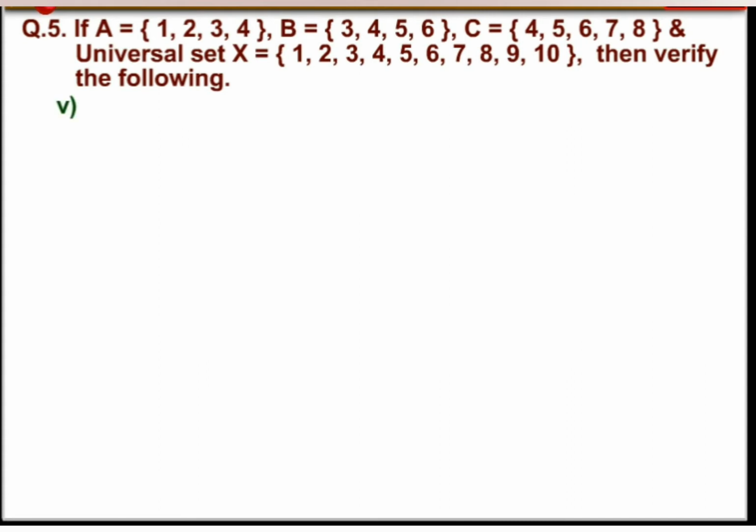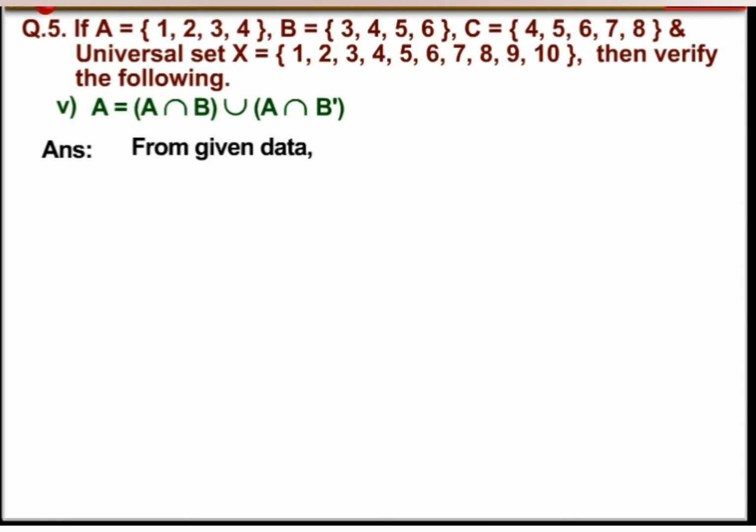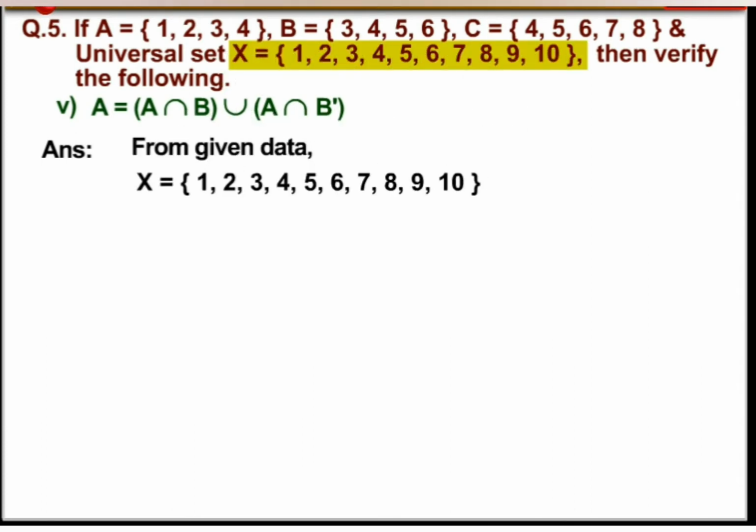Number 5. A is equal to A intersection B union A intersection B dash. Answer. From the given data, x is equal to 1, 2, 3, 4, 5, 6, 7, 8, 9, 10.